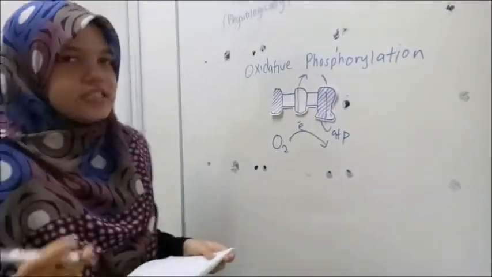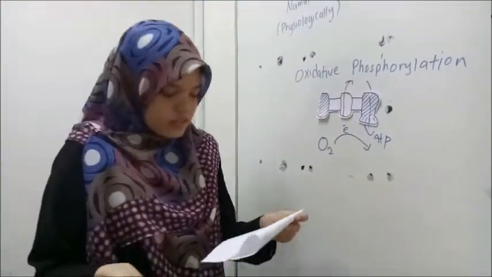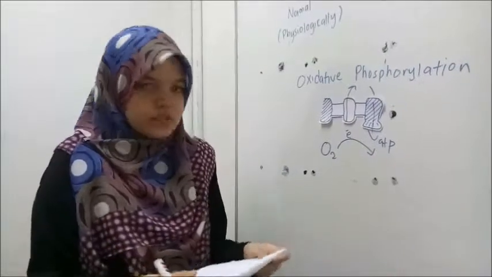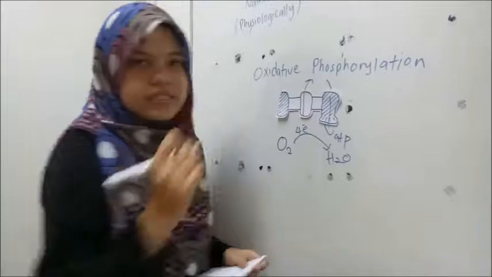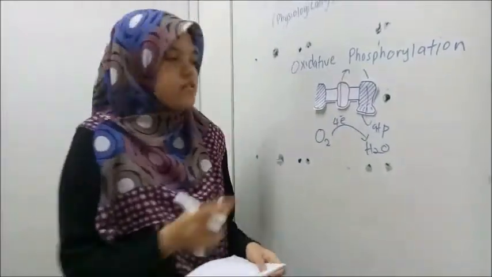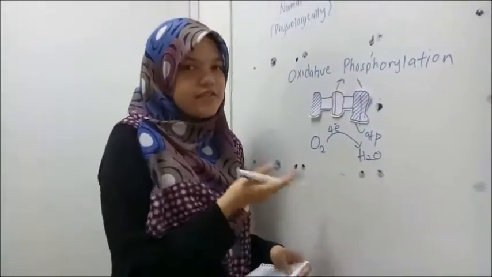Normally, for oxygen to be stable, it will accept 4 electrons to become H2O. But what will happen if this oxygen does not get all the 4 electrons?